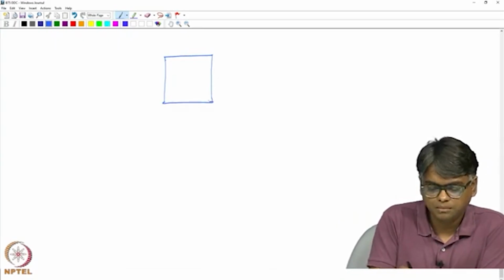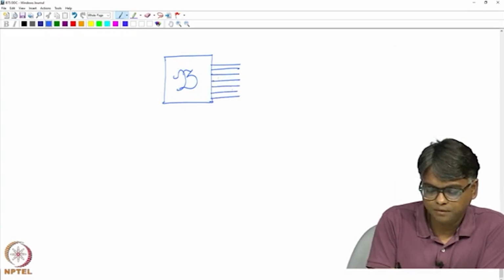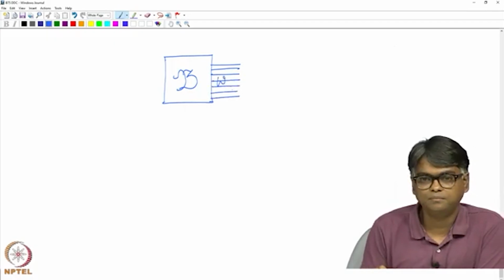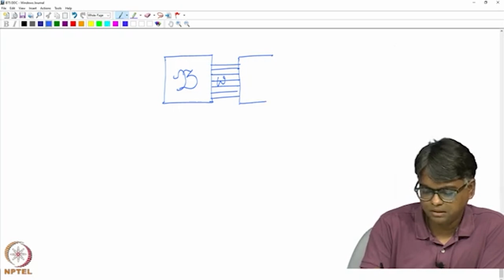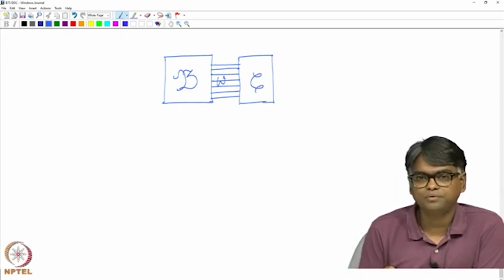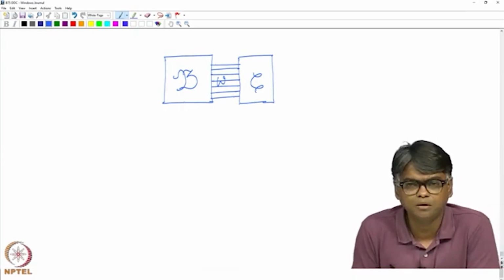So this is my box of laws that are satisfied by the variables, the manifest variables of the behavior. A controller would mean that to all of these variables, or to a smaller number of variables, it doesn't really matter here, you add additional laws which you call the control, and the system must be such that it satisfies both these laws.